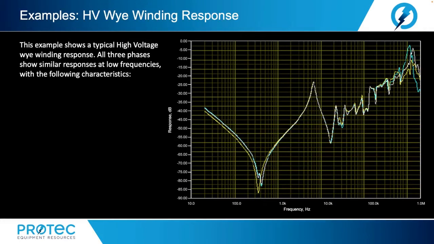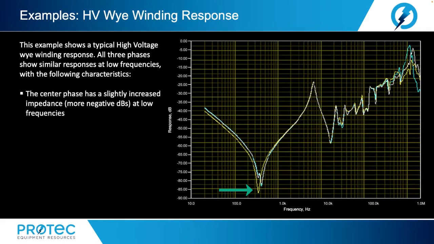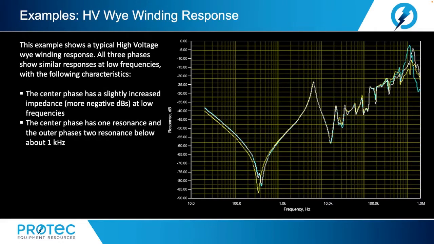Now, this example shows a typical high voltage Y winding response. All three phases show similar responses at low frequencies with the following characteristics. The center phase has a slightly increased impedance, more negative dBs, at low frequencies. The center phase has one resonance and the outer phases two resonances below about 1 kilohertz.